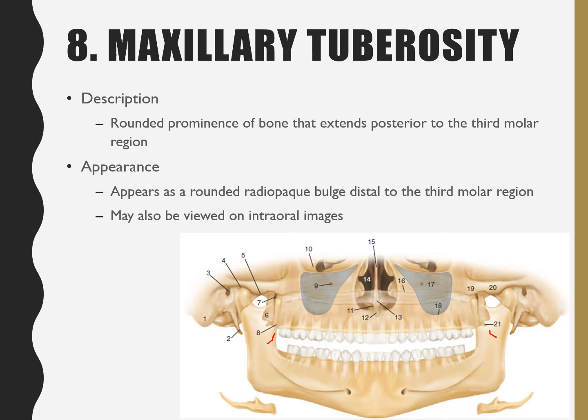It's a rounded radiopaque, white bulge, again, distal to the third molar region, and it's also viewed on intraoral radiographs. On our maxillary PAs, we see this one. Sometimes you even see it with your bite wings. But you can see it on your intraoral ones, but don't get it confused with the hamulus.